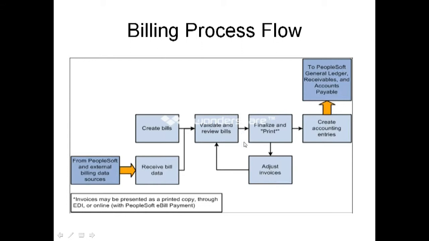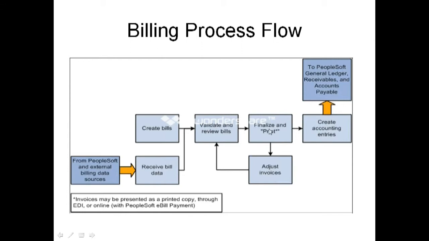If approval is required, then we manually review the worksheet and approve the bills. Once you approve the bills, run the finalize and print process.